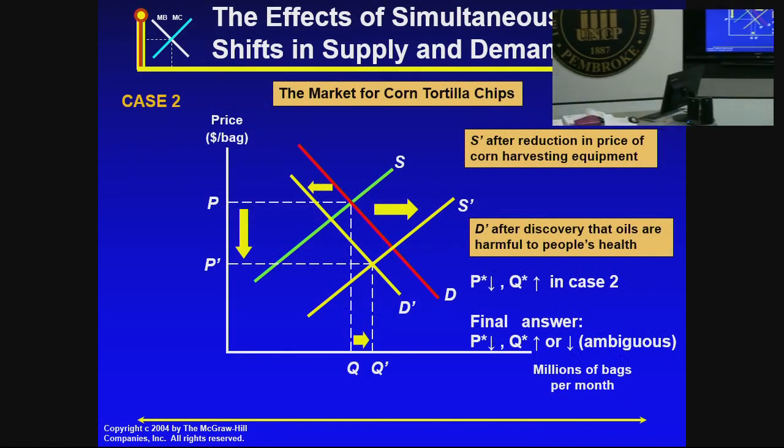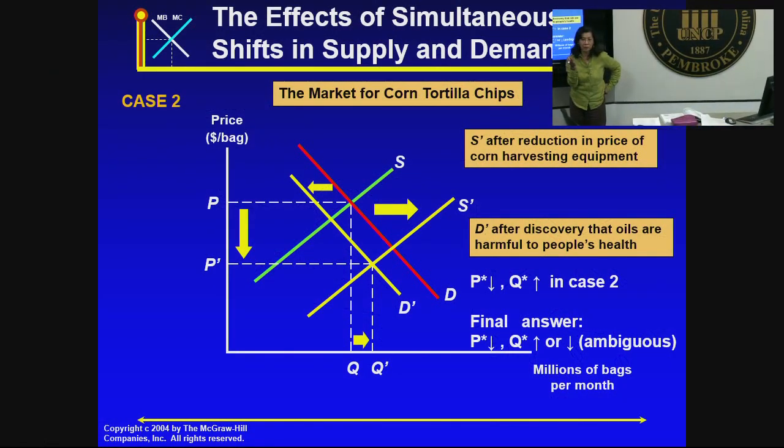Don't copy it from your book because it's a finished diagram, but if you do it with me when I do it, you get a better idea, okay? So the final answer is P star goes down, for sure, without any ambiguity. However, for Q star, it could be up or down, and we call it ambiguous.